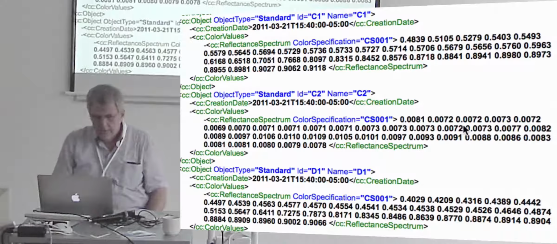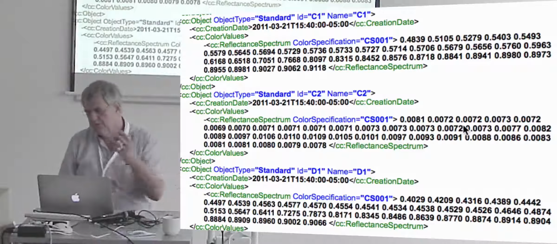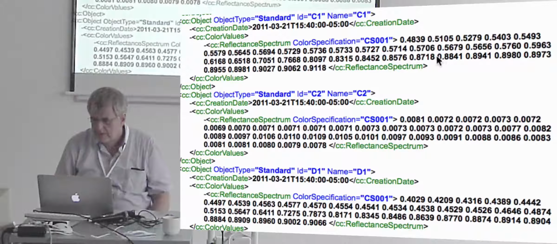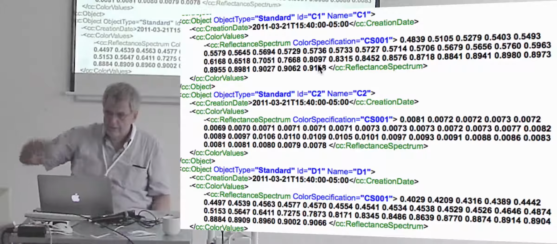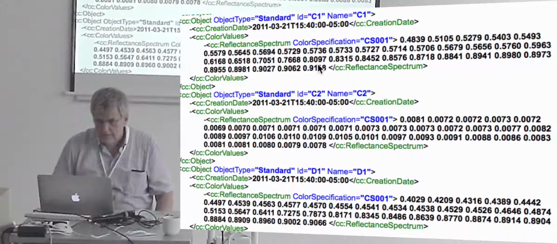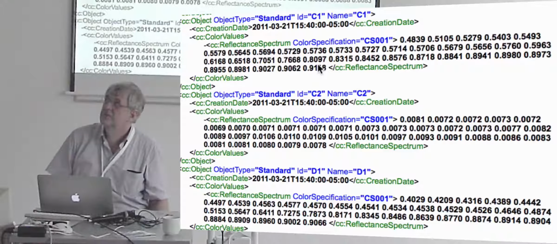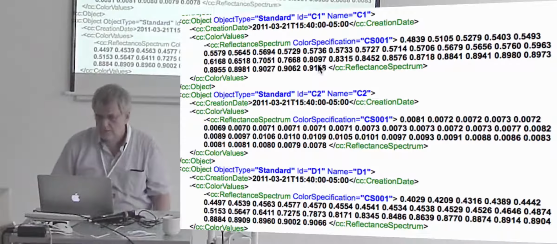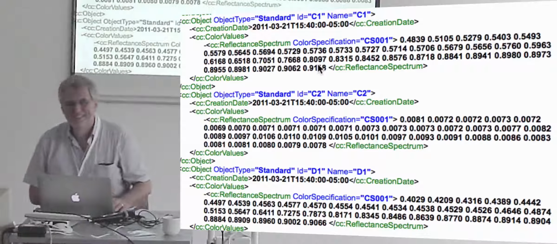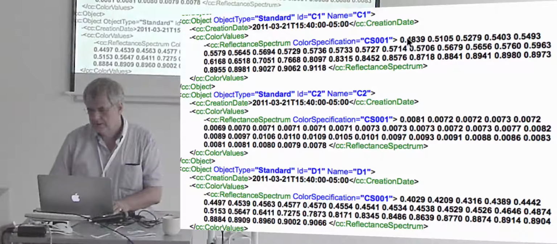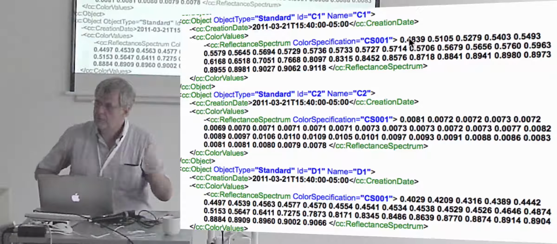And you see there's some intermediate values like 0.4, 0.5, but there's also higher values like 0.8. And pretty high values towards the higher end of the wavelength. And that should be red. Yeah, there should be a lot of red there. And not so much on the other end, like the blue, there's not much.